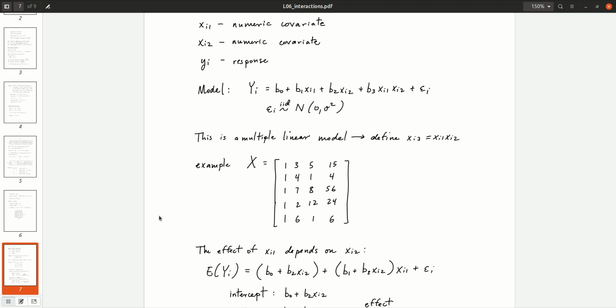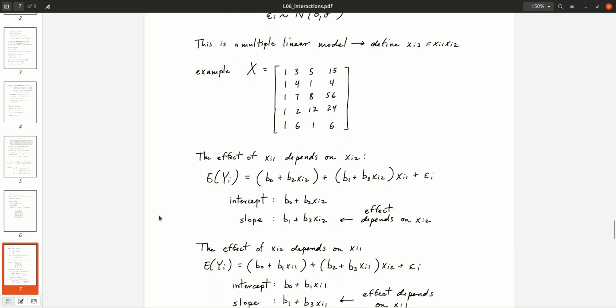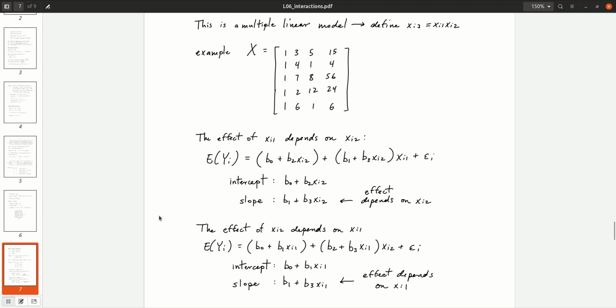Now what makes this an interaction model is, again, that the effect of one variable depends on the other. The easiest way to see this is to group terms so that we're writing the expected value as a linear function of one of the variables. I just notice I have a typo. This is expected value of yi, so this should not have an epsilon on the end. So it should just be these two terms.